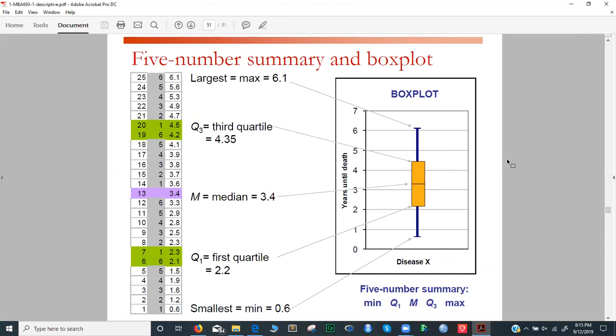From the same issues that we had last slide, the Q3 minus Q1 is the median, and you can see the box plot. We have a maximum of 6.1 in this example, and the smallest is 0.6. Again, if you've had issues with this on Canvas, I think I resolved those.